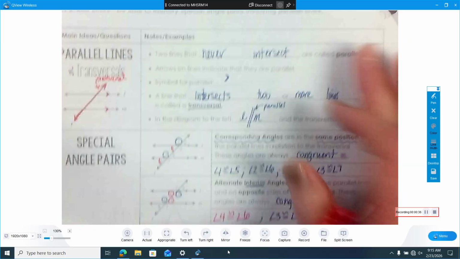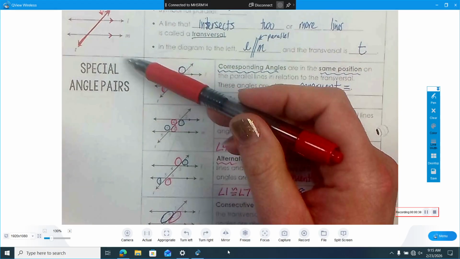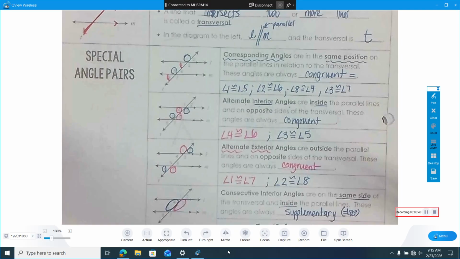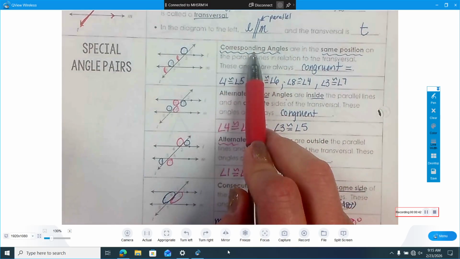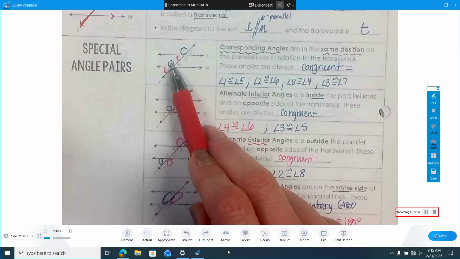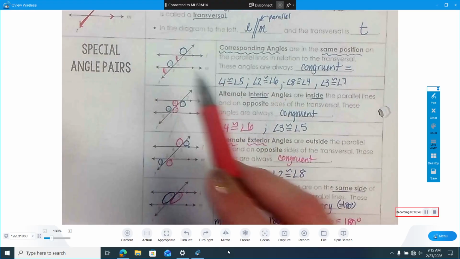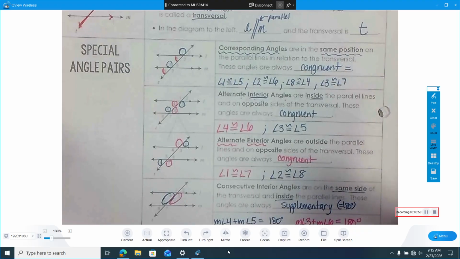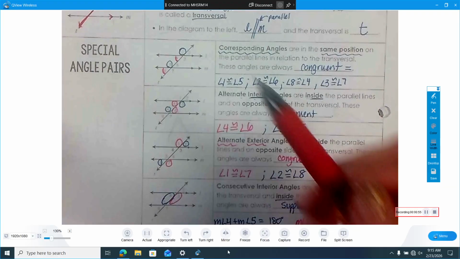So from Friday, we had all these special angle pairs. We had corresponding angles, which were in the same position. If you know corresponding angles, all these problems will be very easy. Corresponding angles are congruent.